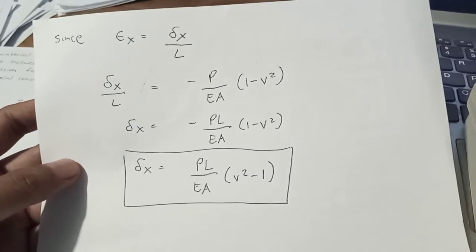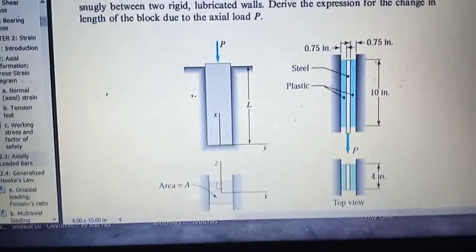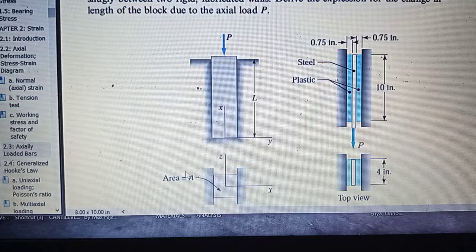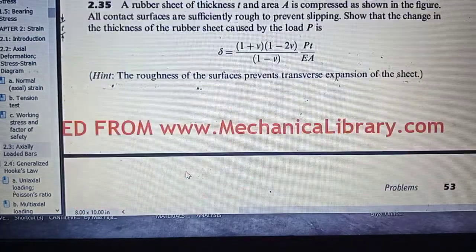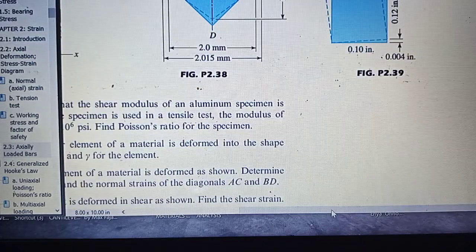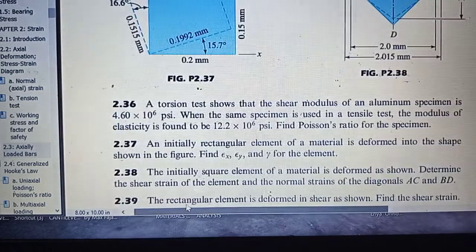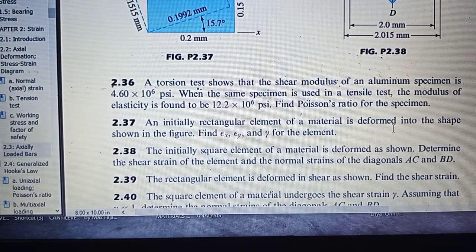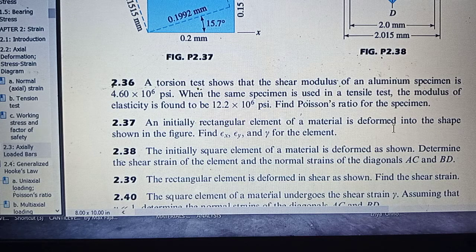Okay, so this is the solution. We get now to the next problem, 2.36.